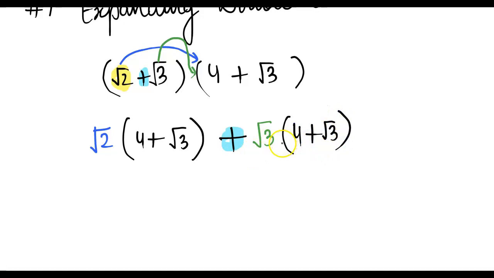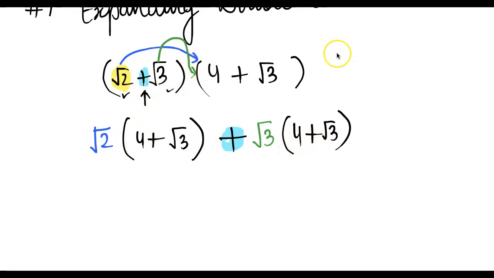So this root 3 is going to be multiplied to the whole bracket. What exactly did I do? I took the first term of the first bracket and multiplied it with the whole bracket, then the second term of the first bracket and multiplied it to the whole bracket. Why are we taking this connector? Because it's plus there, right? So we have taken those terms and connected them there.